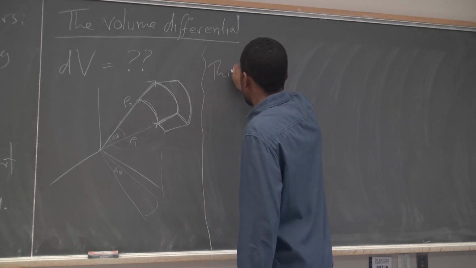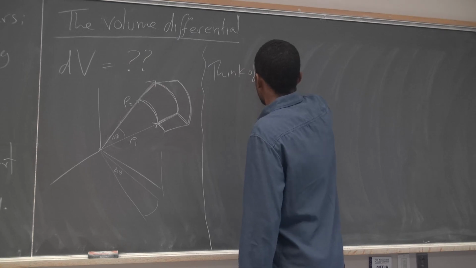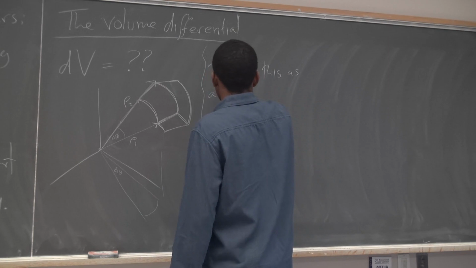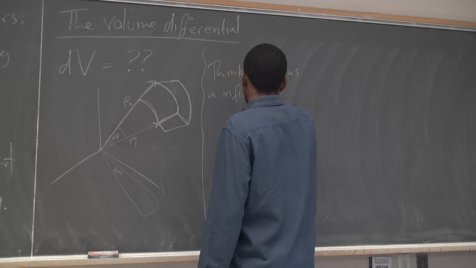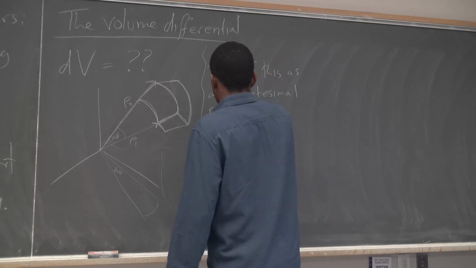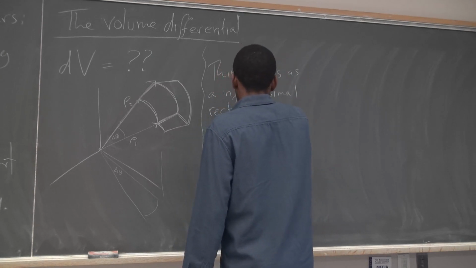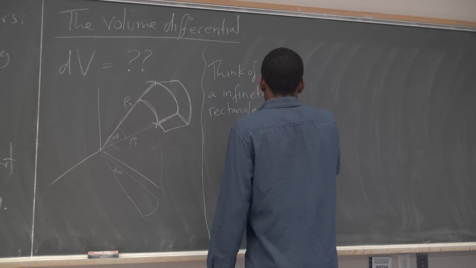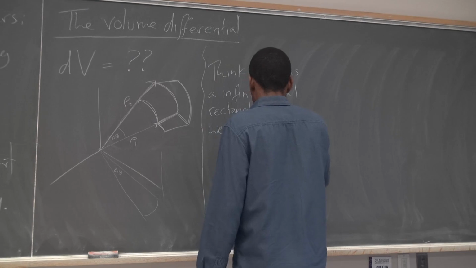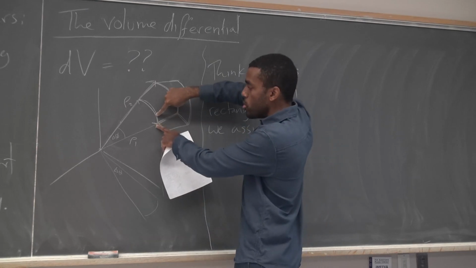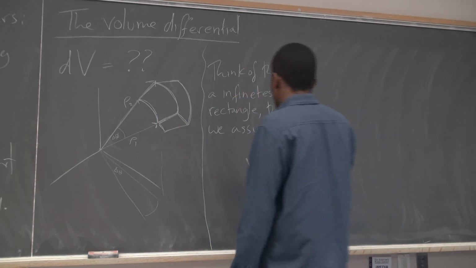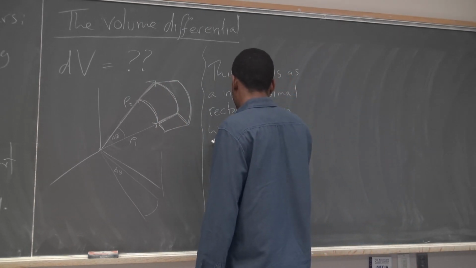Think of this as an infinitesimal rectangle. Basically, the idea is if you zoom in far enough, these curves sort of look like straight lines, so you sort of pretend they're a rectangle. And then you can take a limit.